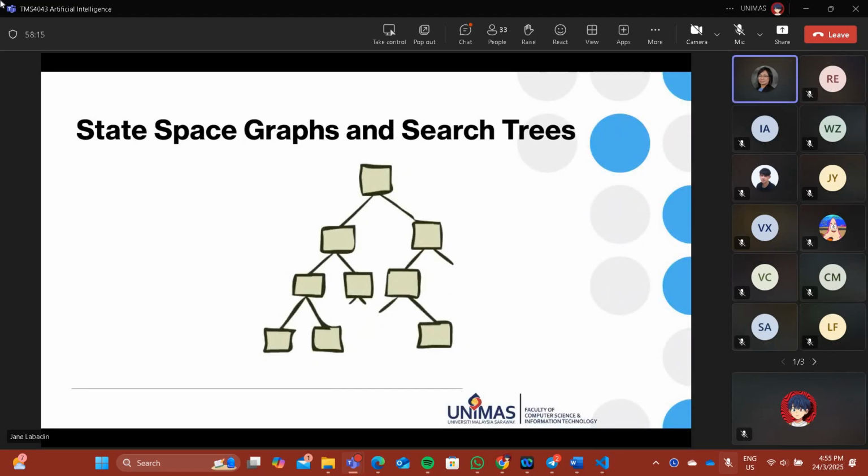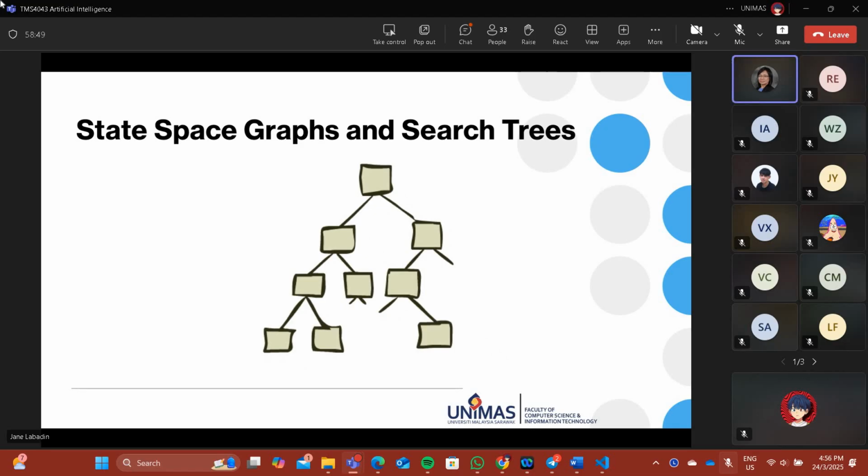So basically you need to put it into a data type, because you need to code for each of these states you are in. So you will need to represent the problem either in a state space graph or in trees. Usually we can have both, a state space graph and also search trees.